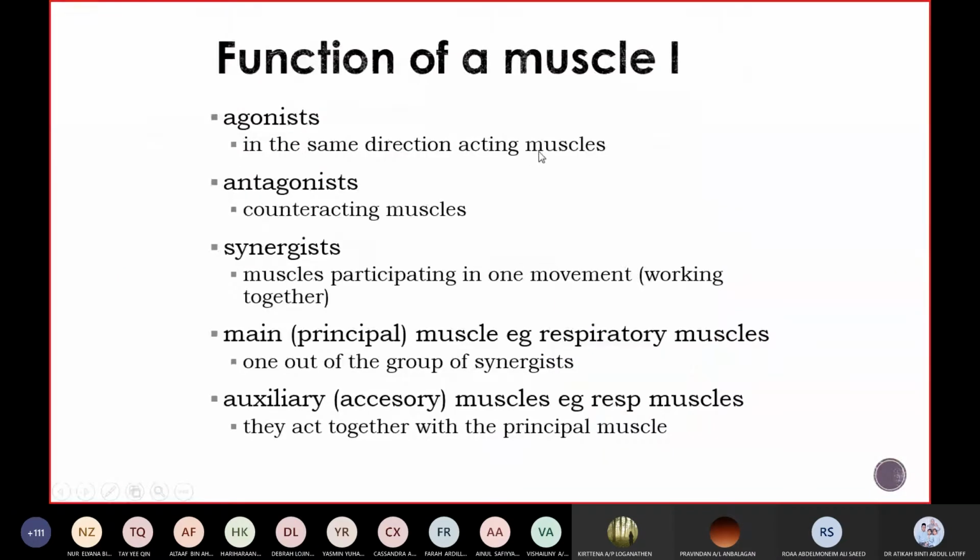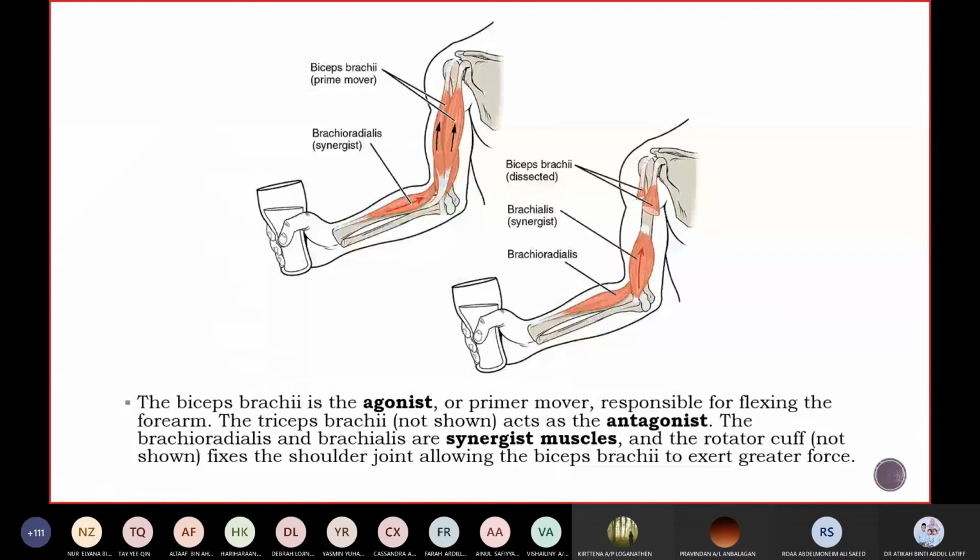So function of a muscle. Muscles can act as the agonist, antagonist, synergist, main principal muscle, or auxiliary or accessory muscle. So for example, we'll see the example here.